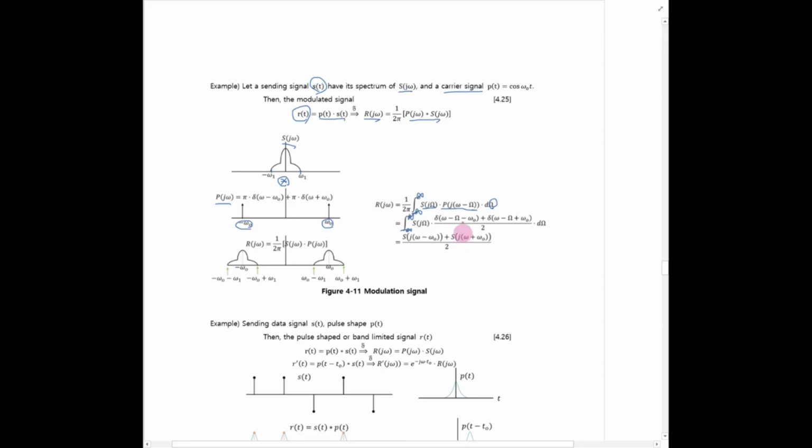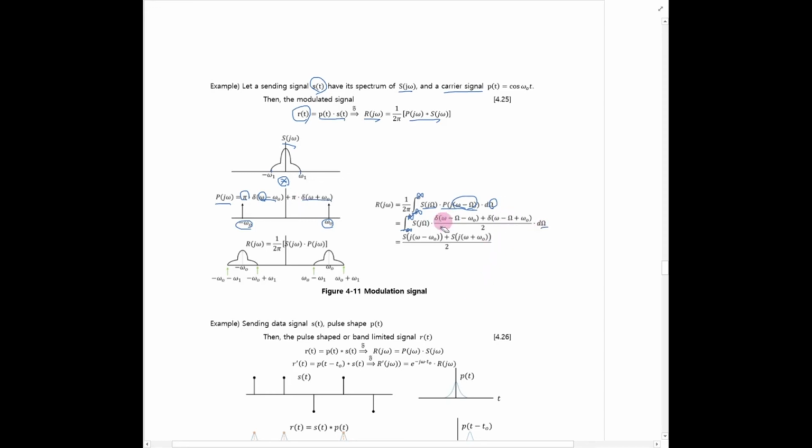Then P(omega minus Omega) is given in this expression. We just replace omega with omega minus Omega. Then it gives it this way. So 1 over 2 pi, and the pi gives 1.5, and the two different deltas: delta(Omega minus omega 0), that's this part, and delta(omega minus Omega plus omega 0) is this part, and we take the integration over large capital Omega.